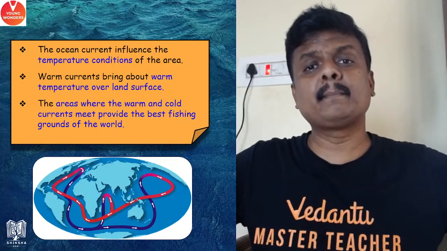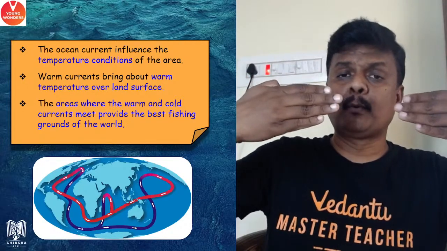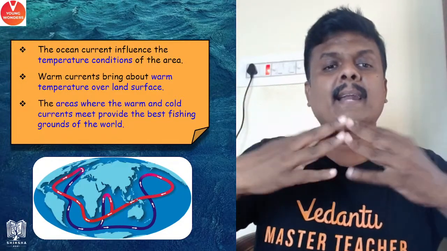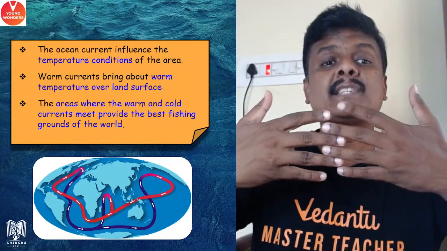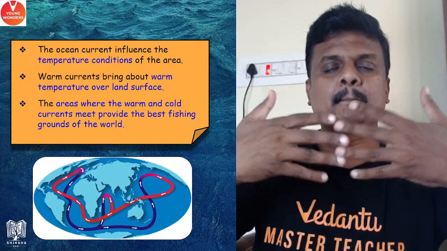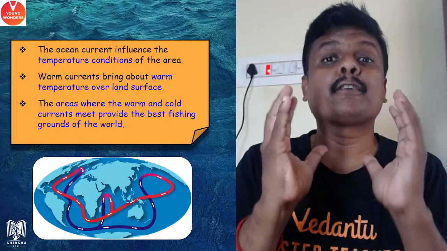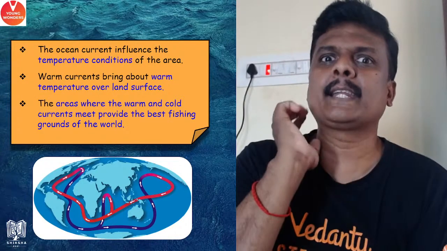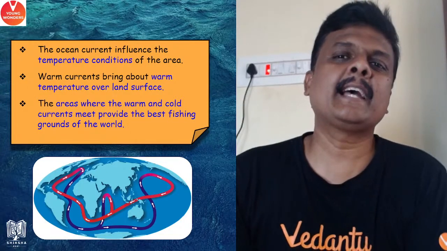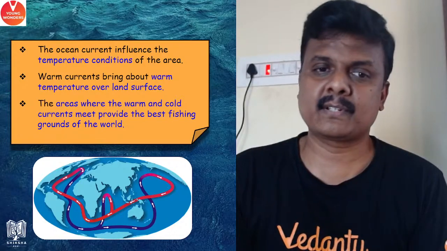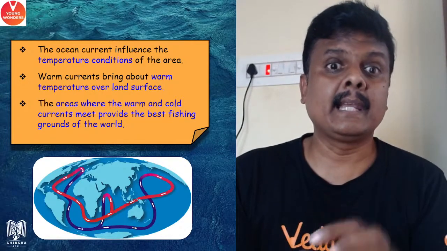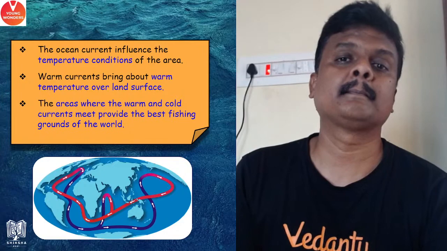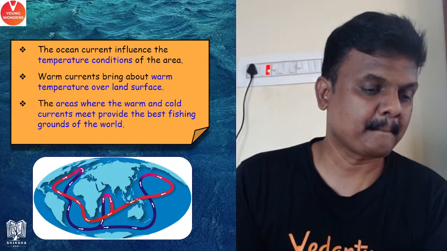When they move away from the equator and away from the pole, in the mid path you will have both warm and cold currents meeting. It's a very friendly area for fish, and for fishermen, that is the place where they can go and catch fish. So areas where warm and cold currents get mixed or meet are generally the best fishing grounds in the world. You guys are clear?